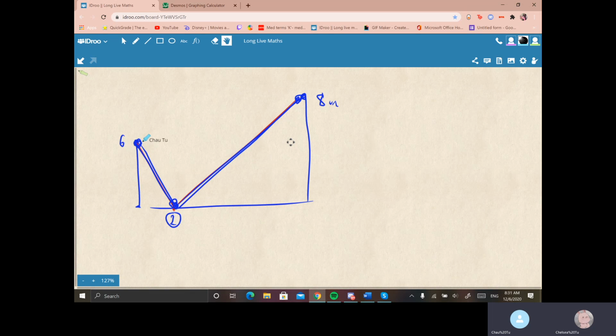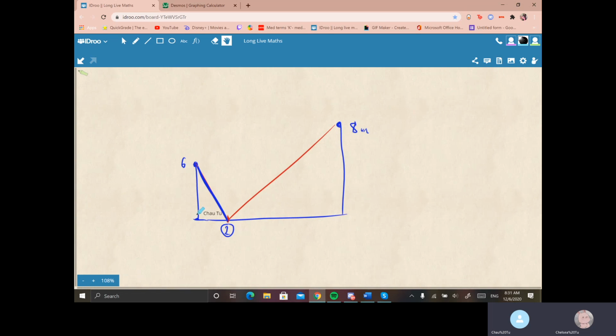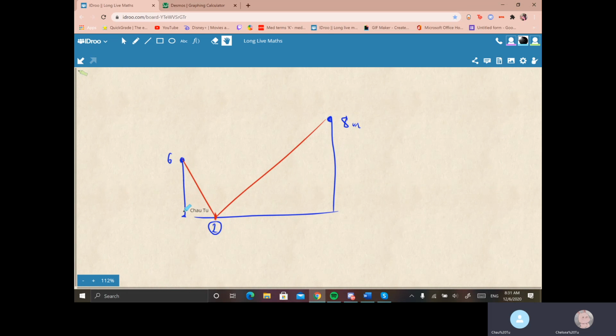But suppose you're at 2. How do you work out this length? How do you work out that length there, Chelsea? You're 2 meters away from the short pole. How do you work out this green line? If you're 2 meters away from the small pole, can you see that green line?